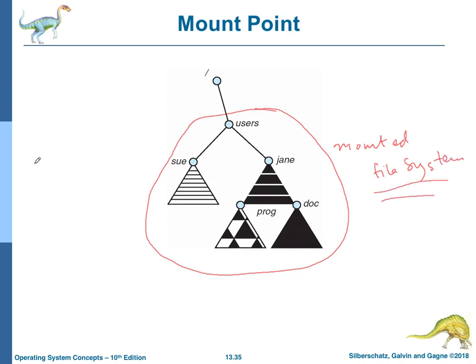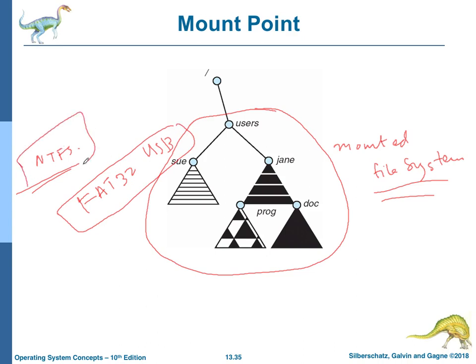For example, if your Windows is NTFS format, and your operating system is installed on NTFS, and you load a FAT32 partition, a FAT32 USB, then this is a different file system and this is a different file system.